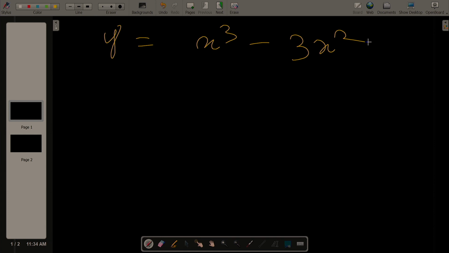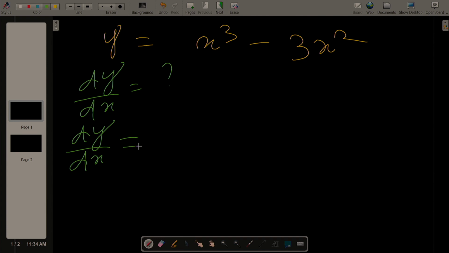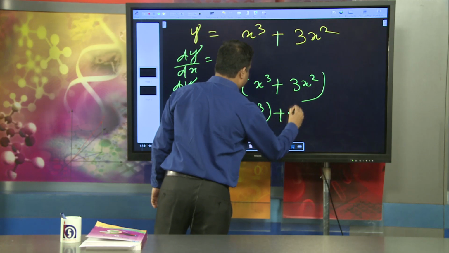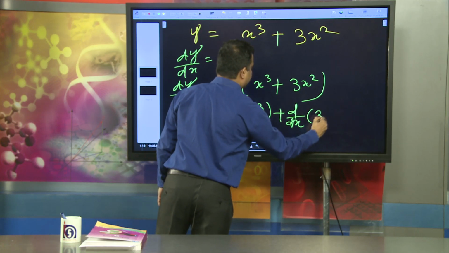How do we find dy by dx? dy by dx is equal to d of dx of x cube minus 3x square, which is d of dx of x cube minus d of dx of 3x square.